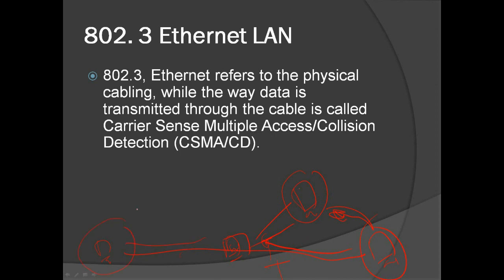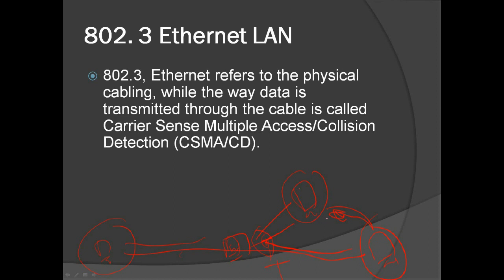For example, this is the destination. Because two computers transmit data at the very same time, there will be data collision. Meaning they will collide at a specific time because the two computers transmit data at the very same time.